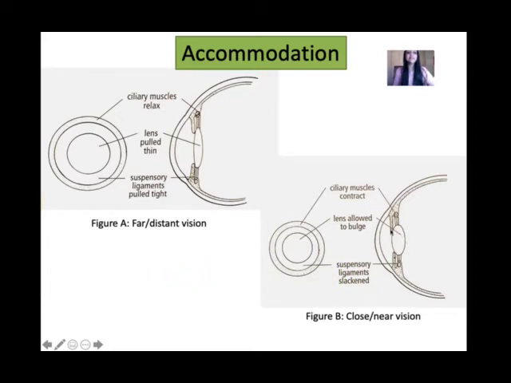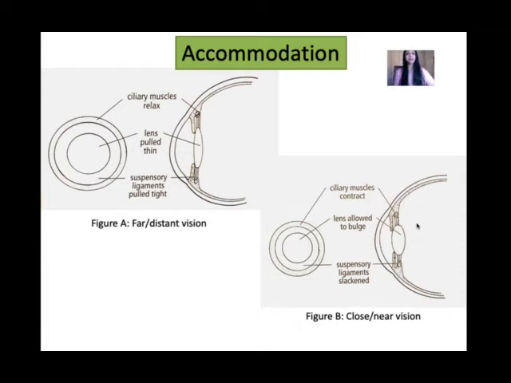Because the lens is more rounded, meaning more convex, the light rays are going to come and be refracted more. Refract means the light will be bent more. And then more light is going to enter the eye and is focused on the retina.